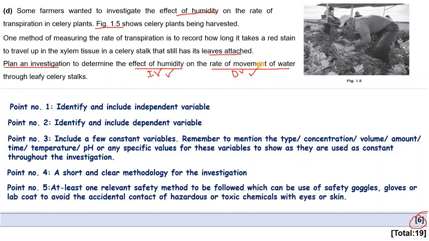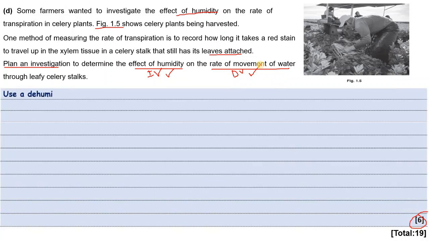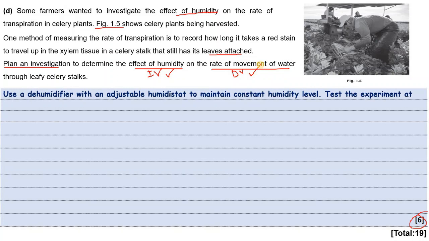So let us plan the investigation with the information given. First, we can start with the independent variable. Let us take a dehumidifier with an adjustable humidistat to maintain a constant humidity level. Now we can test the experiment at 3 different humidity levels, that can be 40%, 60% and 80%.